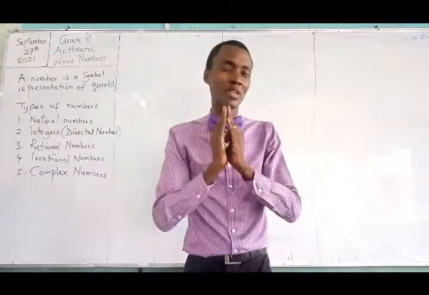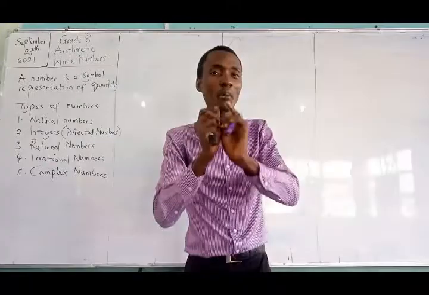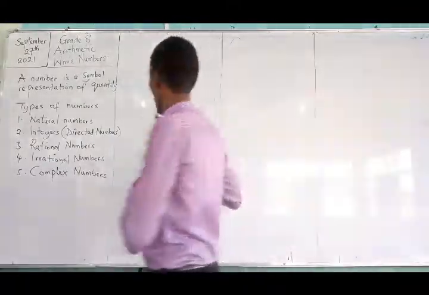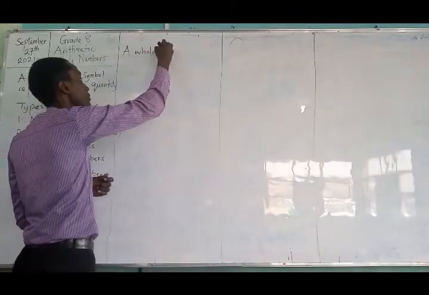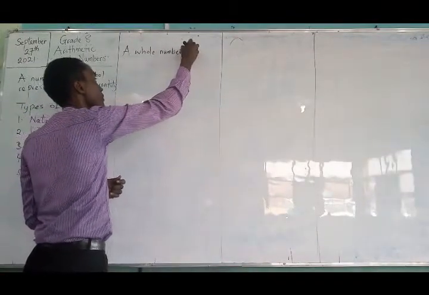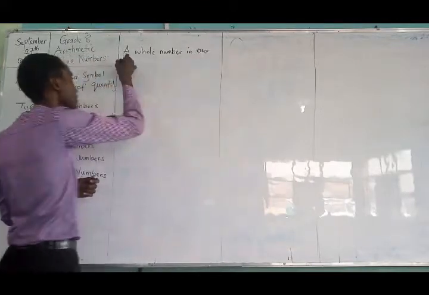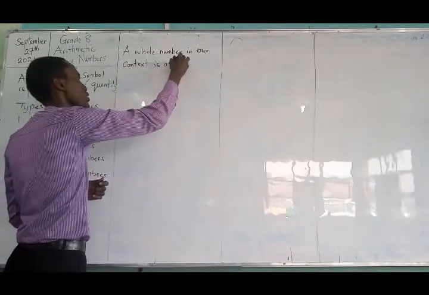But I'll keep it simple and say that at your level, we're interested in whole numbers as what? Natural numbers. So a whole number in our context is a natural number.